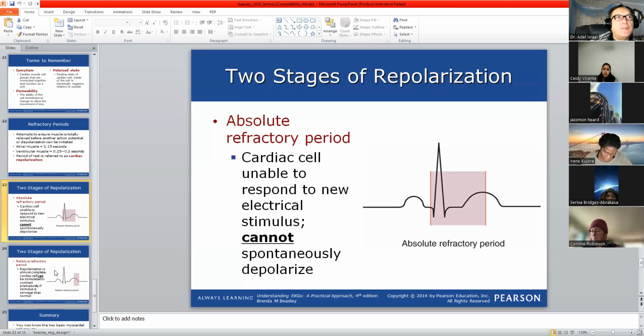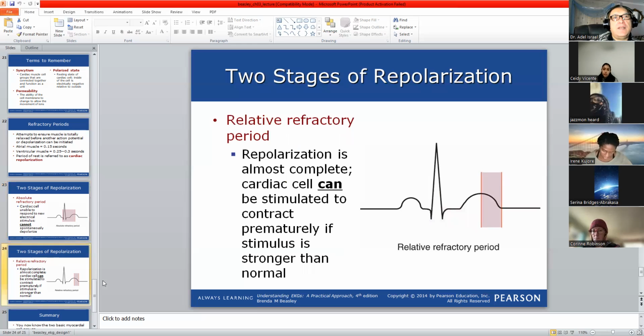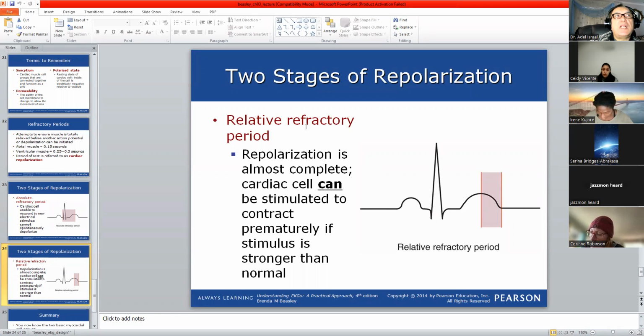I will say, okay, I agree. So if I give her another job with extra salary, she accepts. So this is what we call the relative refractory period. So the heart can respond by contraction here in one condition: if you give a strong stimulus rather than the previous one.